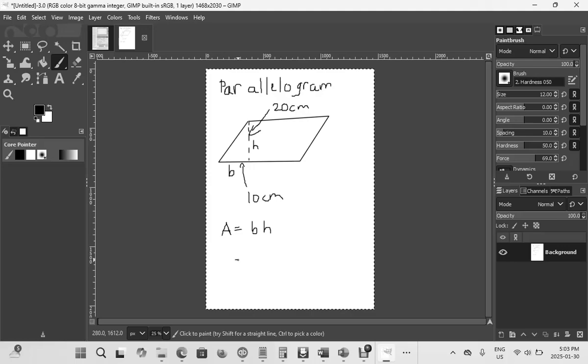We know that the base is 10 centimeters and the height is 20 centimeters. So this will be 10 times 20, or 200 centimeters square, for area. That will be centimeter by centimeter, which becomes centimeter square. So this is basically your parallelogram.